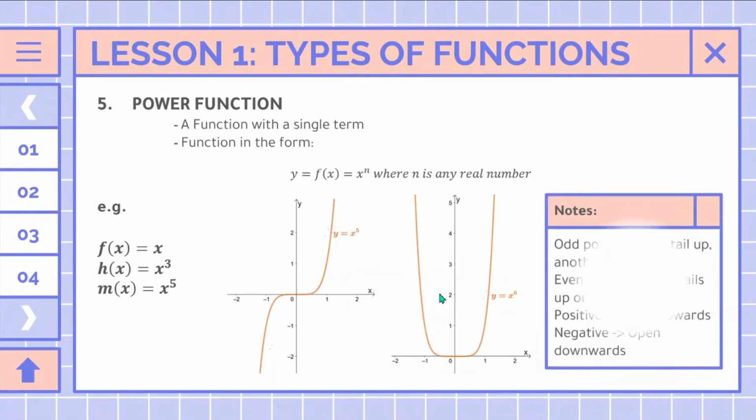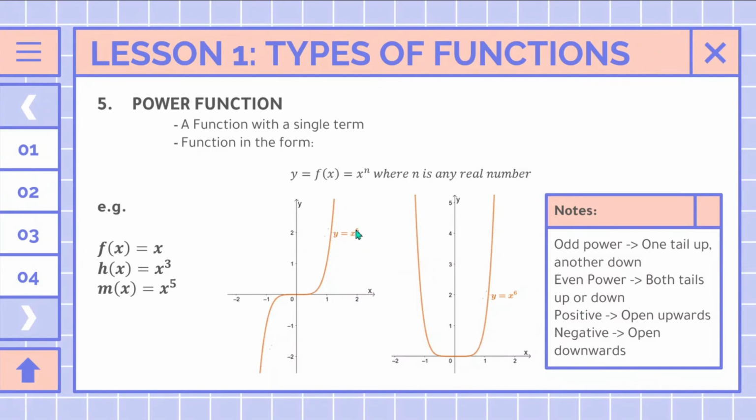Next is, for the notes, odd power, one tail up, another down. So, let's see. Ano ba yung 5? Di ba odd siya? Kapag odd siya, sabi dito, one tail is up and another is down.